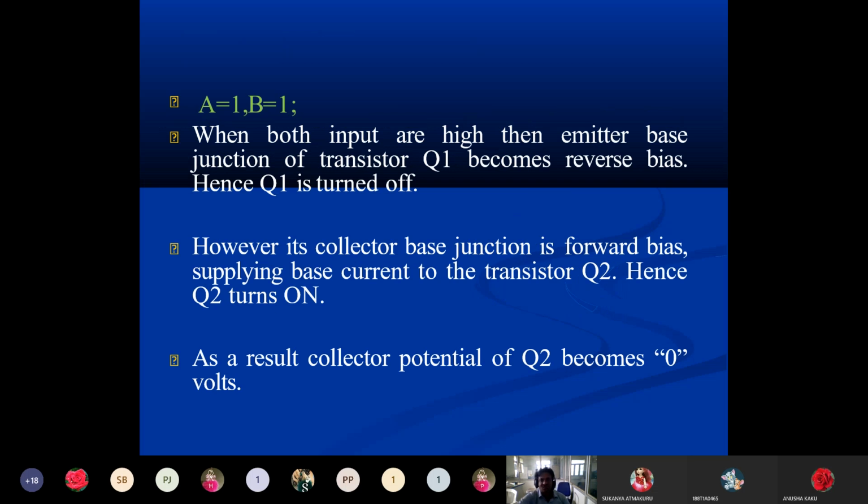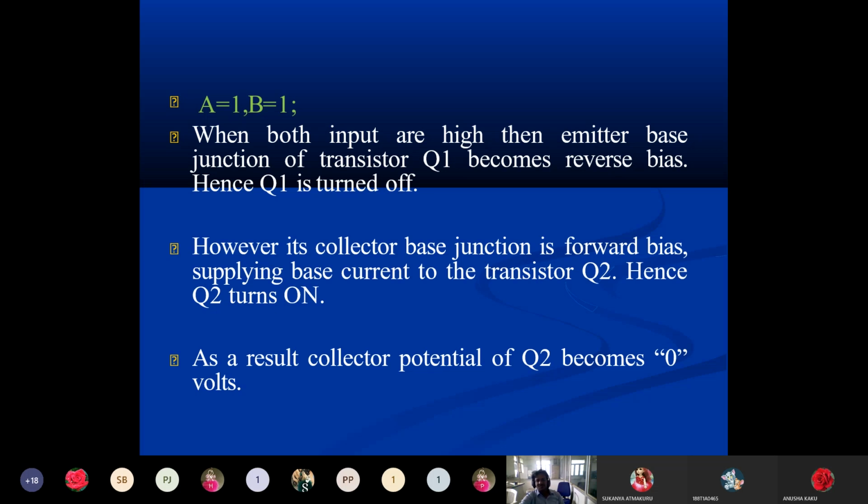So if both inputs are high, A is equal to 1 and B is equal to 1, then the emitter base junction of transistor Q1 becomes reverse biased, hence Q1 is turned off. However, the collector base junction is forward biased and it supplies the base current to transistor Q2, hence Q2 turns on.